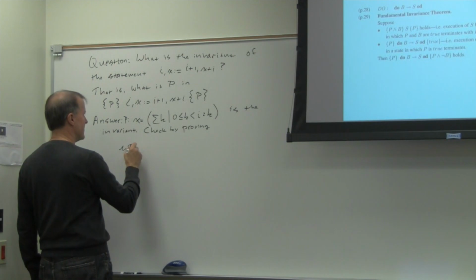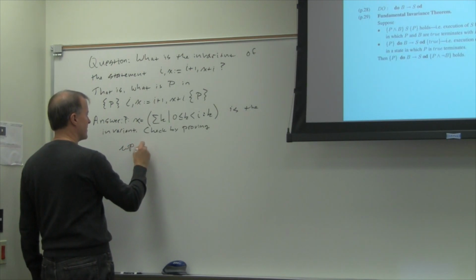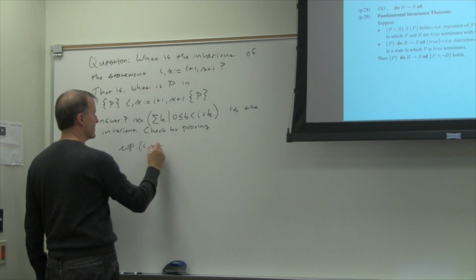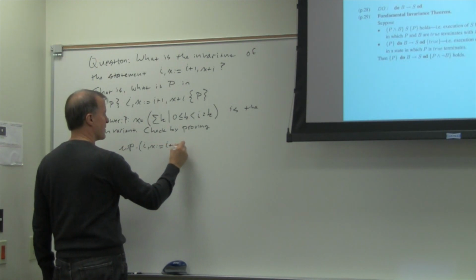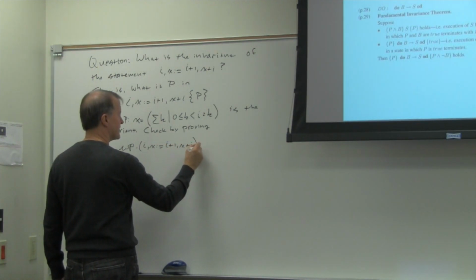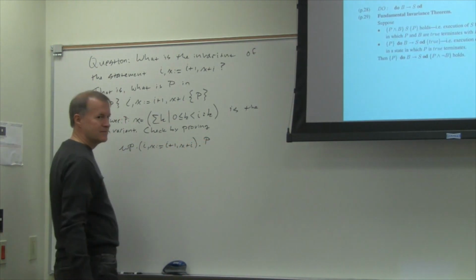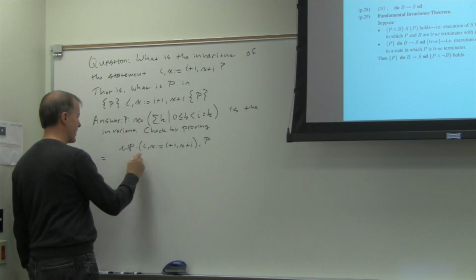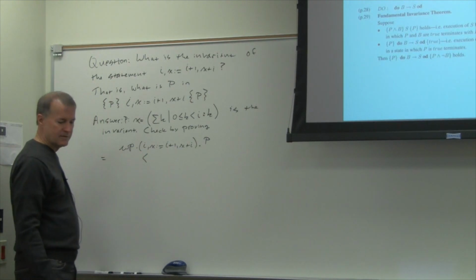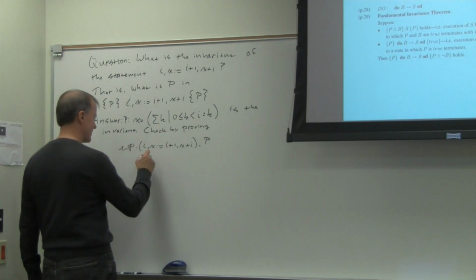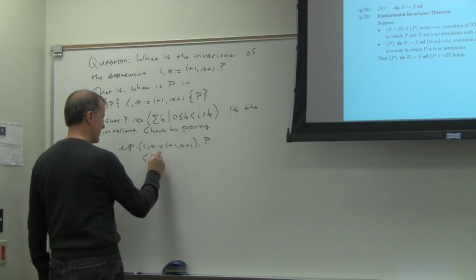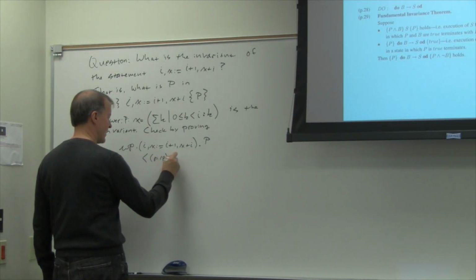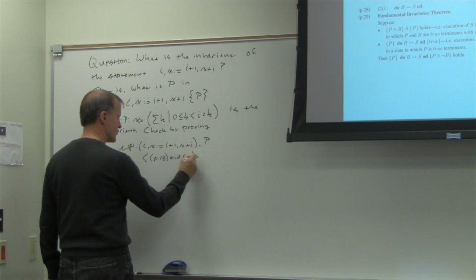So let's do WP. WP dot I comma x gets I plus 1 comma x plus I dot P, right? So this equals, by textual substitution.